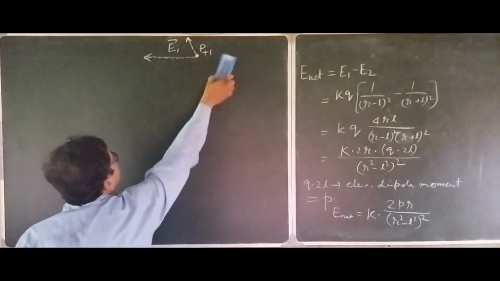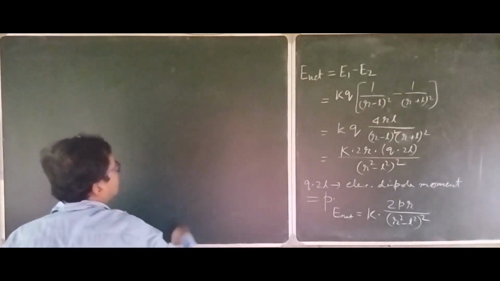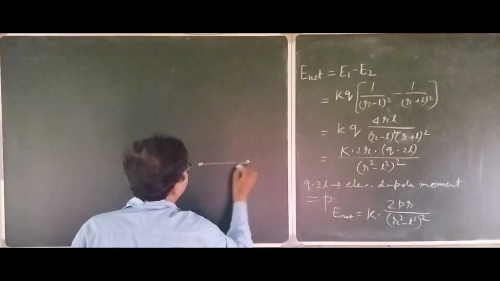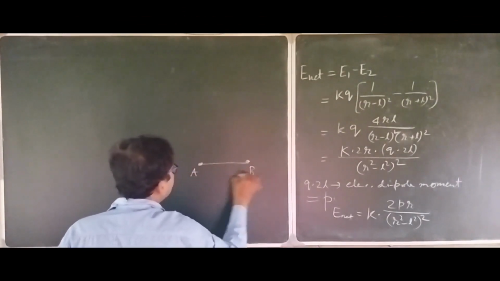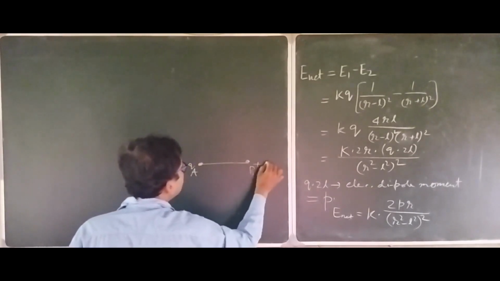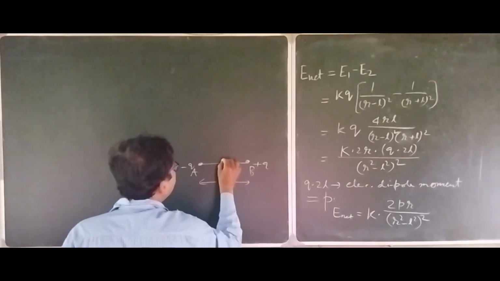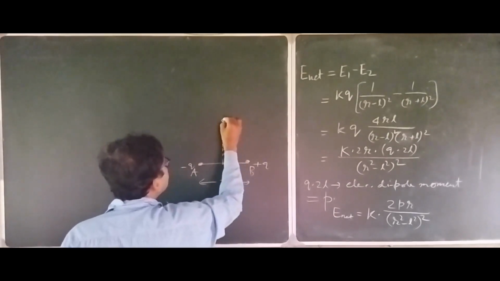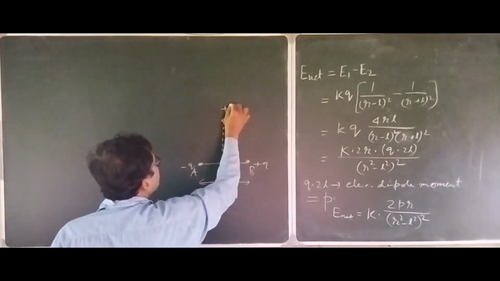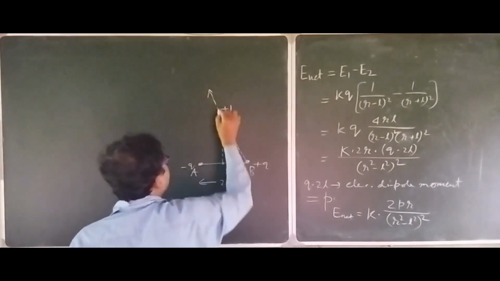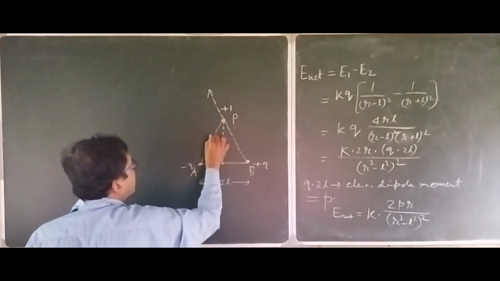let's draw this diagram here. This is the dipole AB, minus Q plus Q, of length 2L. This is its midpoint. This is the perpendicular bisector, P plus 1. This starts repelling, this starts attracting.